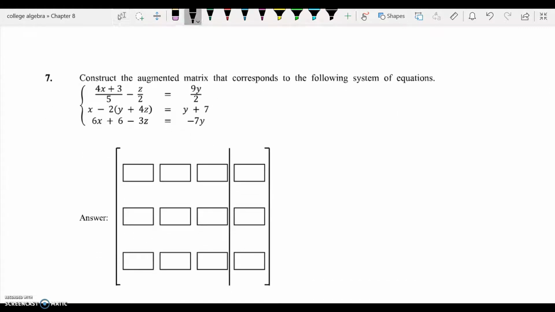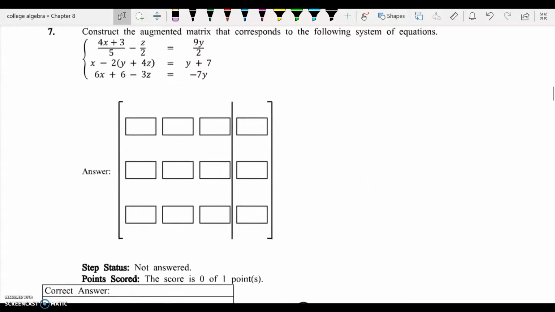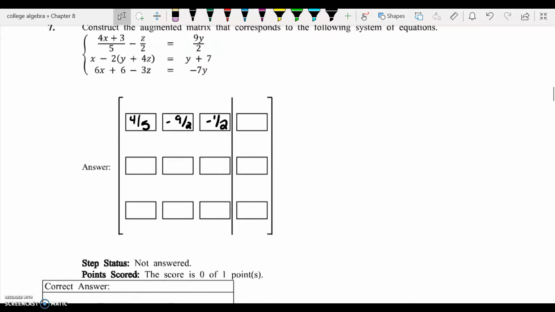Construct the augmented matrix. Guys, this is where you're going to put the x, y, and then z. All right, so for example, this one, my x is 4/5. My z is -1/2. I would subtract the 9/2 over, so it's -9/2. You just got to make sure you watch your signs. I would subtract the 3/5 over, so it's -3/5.